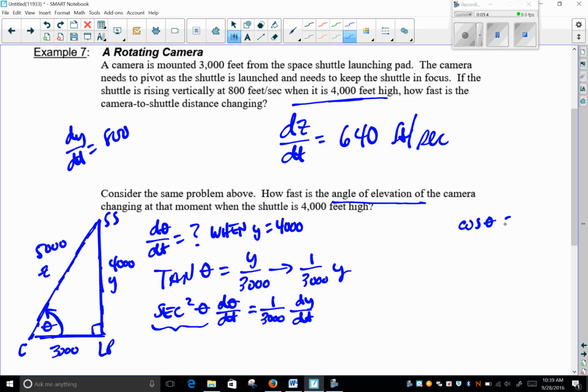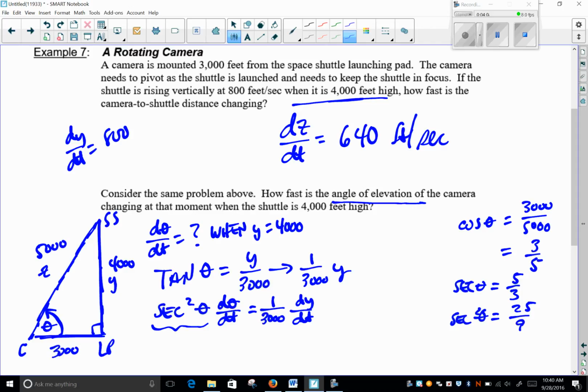So the cosine of theta is 3,000 over 5,000, which simplifies to 3/5. Therefore, the secant of theta must be 5/3, and the secant squared theta is 25/9, and that's the number, that's what we need for this problem.